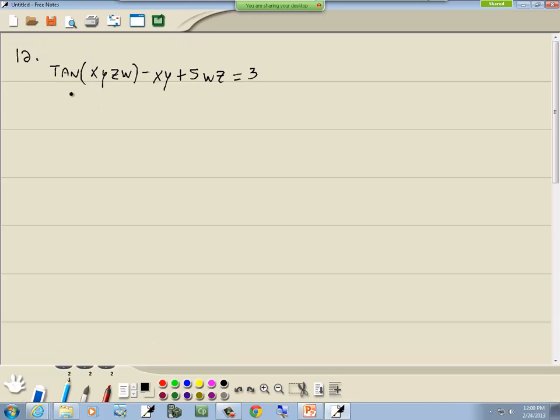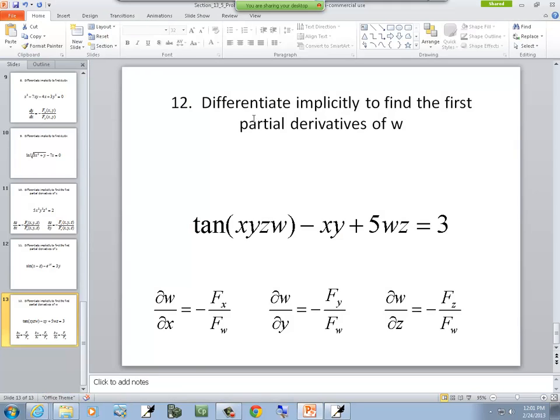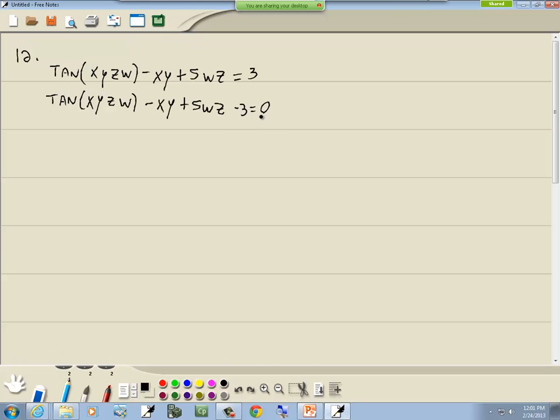Now we won't get 0 on one side. Not that numbers mean anything, but I guess I'd go read the directions, make sure it's still wanting implicit differentiation. Yes, first partial derivative is w. So again, you have to have 0 on this side, and then if you do, this will be your f.